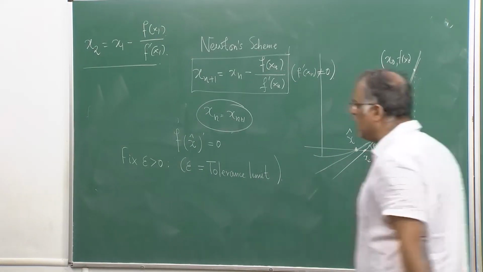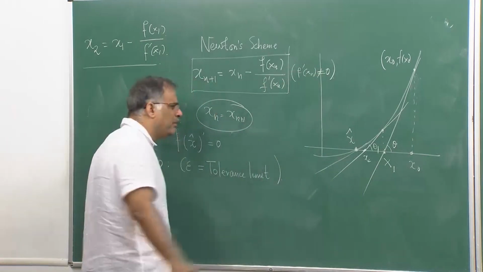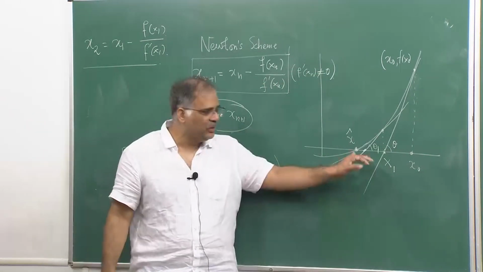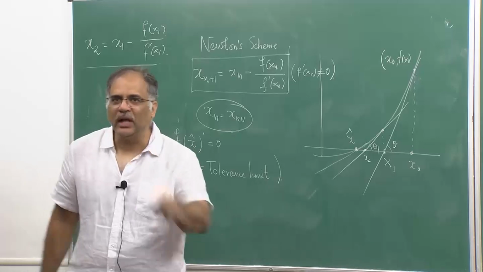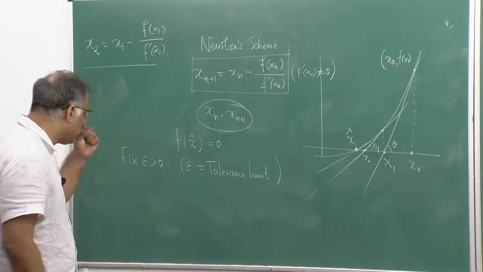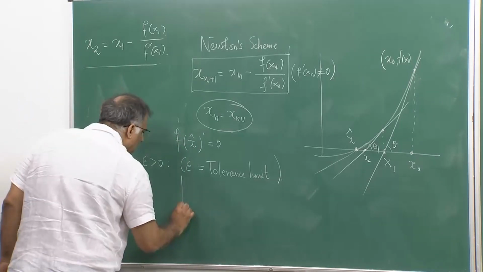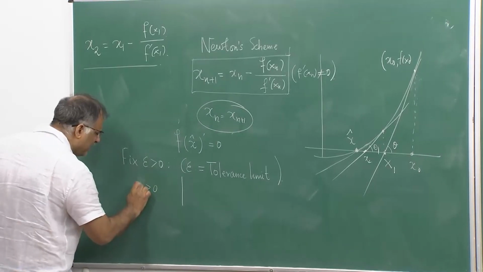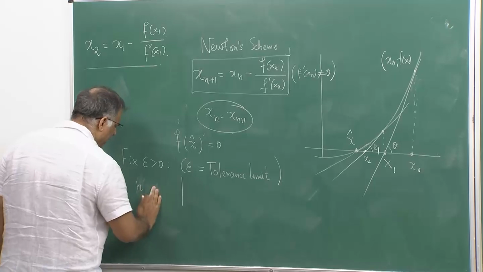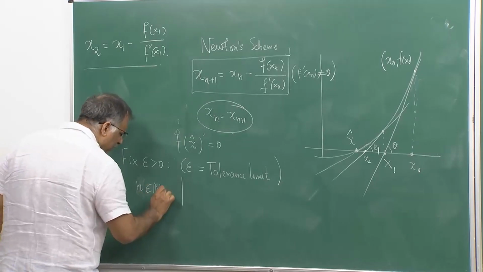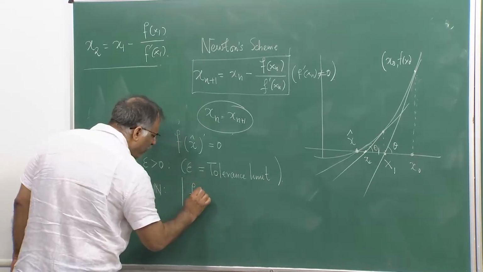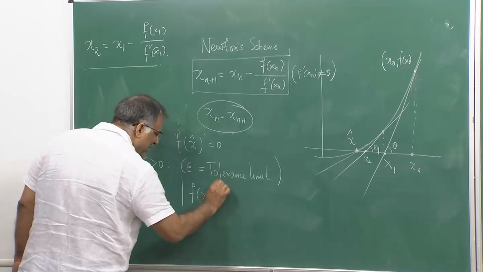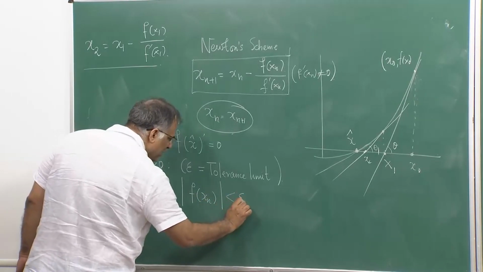Now, in practice, in most cases, I would never reach x hat. So what am I supposed to do? I am supposed to be happy with some xn, n an element of the natural numbers, such that the absolute value of f of xn is strictly less than epsilon.